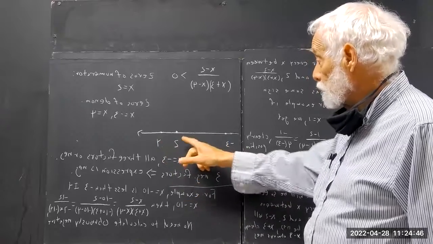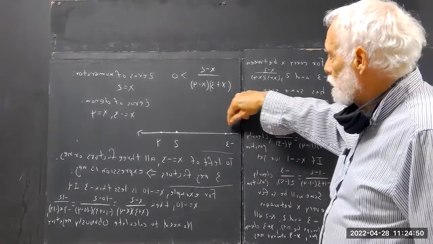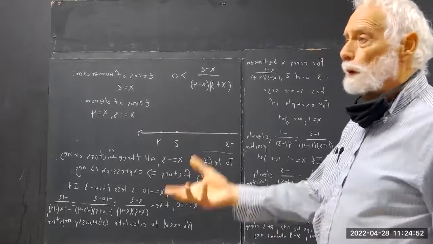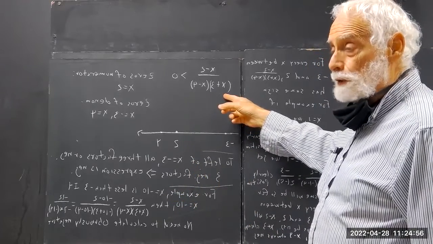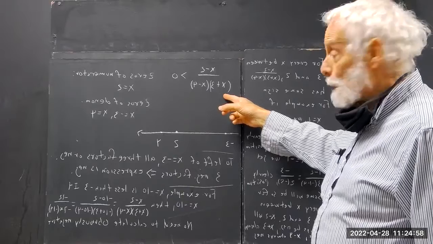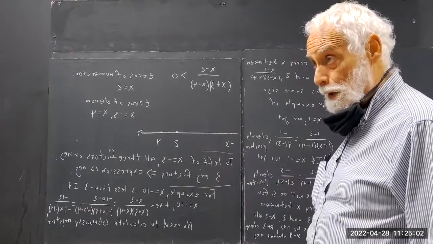Between -3 and 2, there's no place where this is equal to 0. It can't change sign except by going through 0, okay?